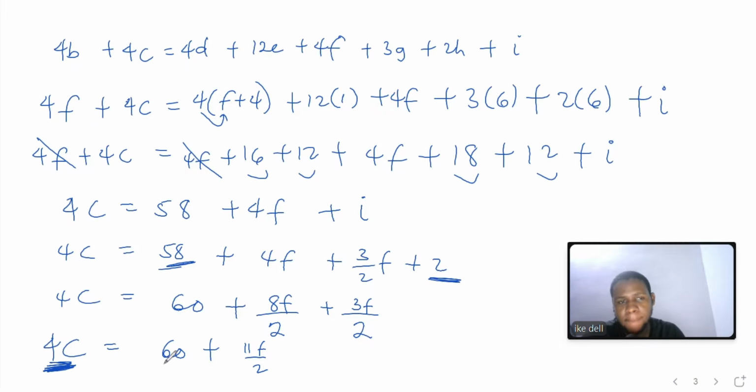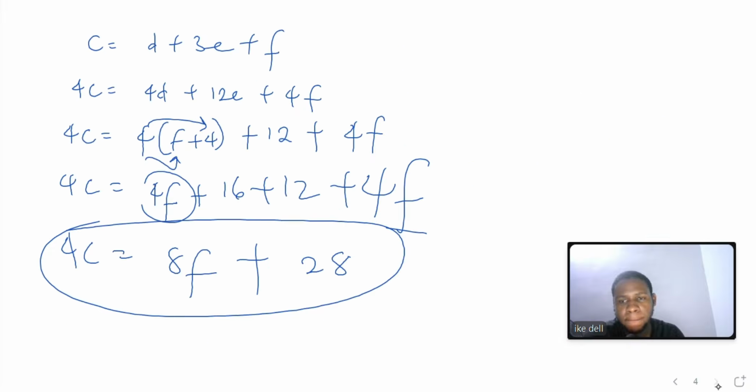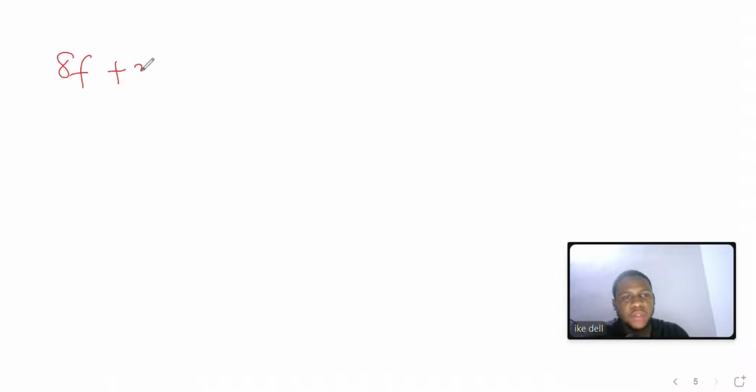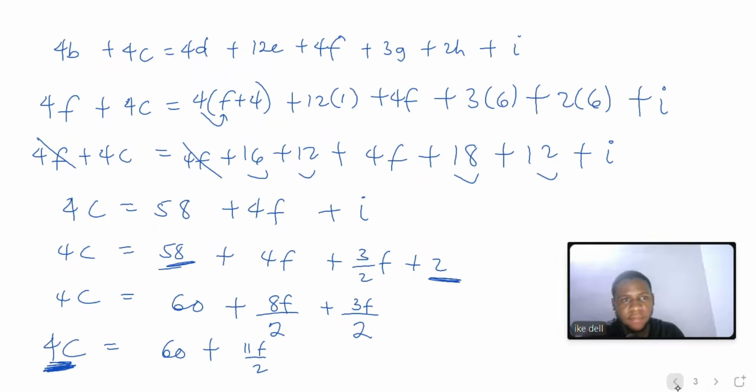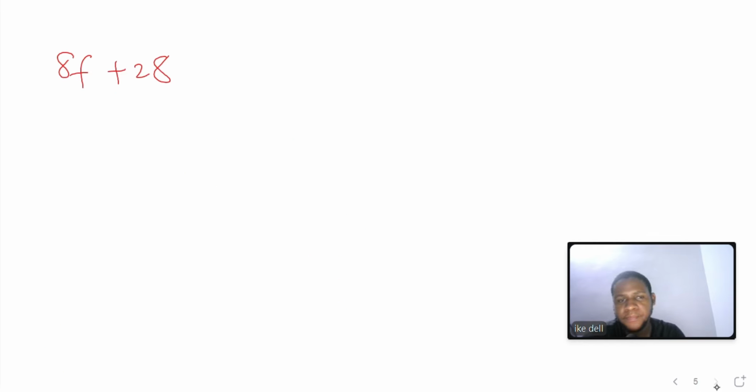So we'll put that here. So it means that for that left hand side, we're having 8f plus 28, which is supposed to be 4c. 8f plus 28 equals 60 plus 11f over 2.